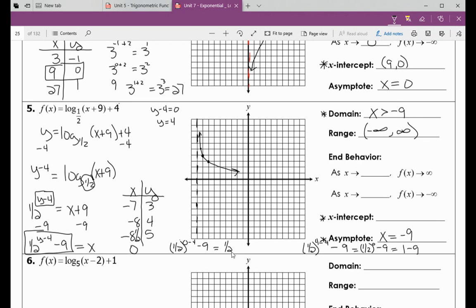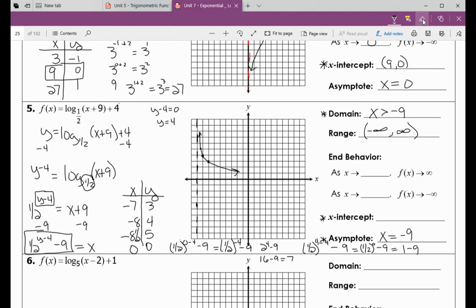So I have 1/2 to the -4 power minus 9. So 1/2 to the -4 power becomes 2 to the +4 power. That is 16 minus 9, which is 7.